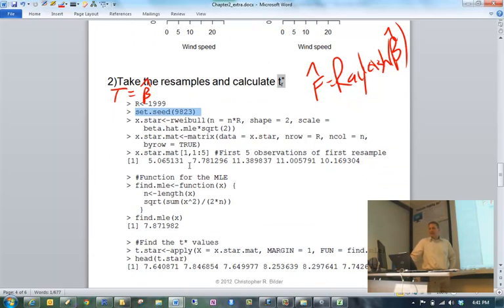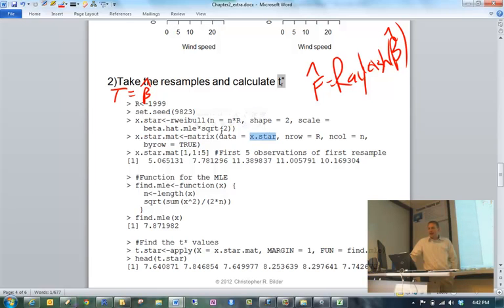And then I just kind of replicate a lot of the code that we saw before, where I'm going to find all my X stars using now the rweibull function. Notice the number of observations, n times capital R. I put that all into a matrix.